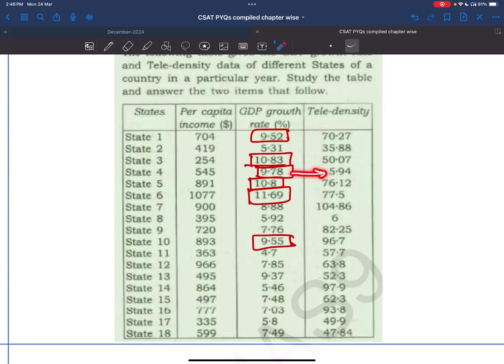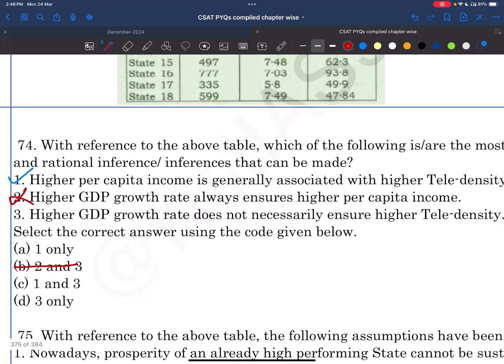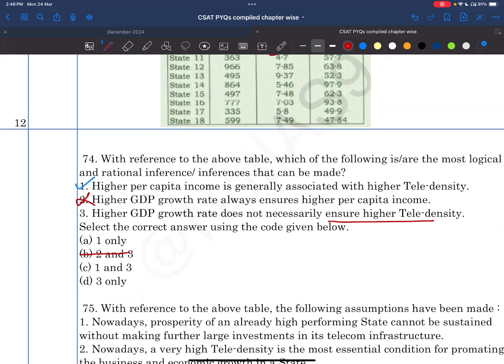For the same 9, it is 5.94. For 10, 76, 11, 77. Here, 96. Here we are getting the least values, right? Yes. It does not necessarily ensure higher density, right? So this statement can be right. The answer is 1 and 3.